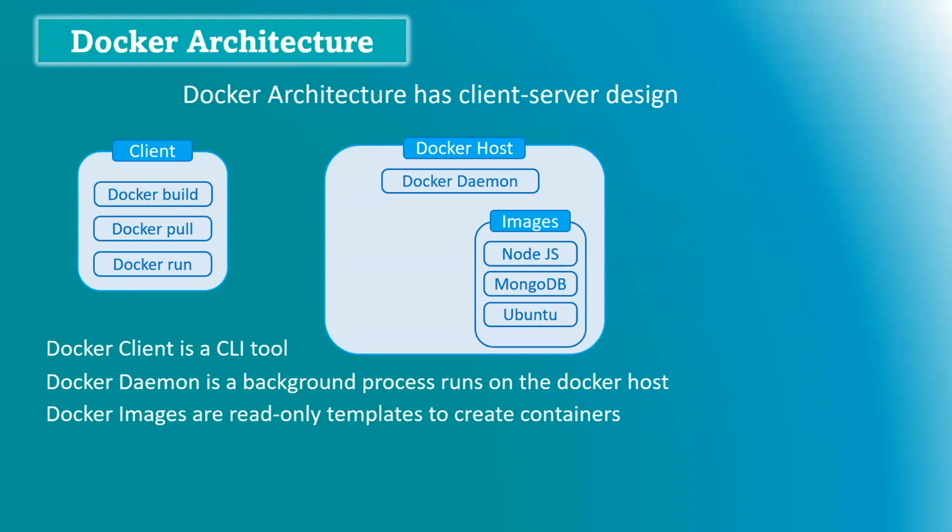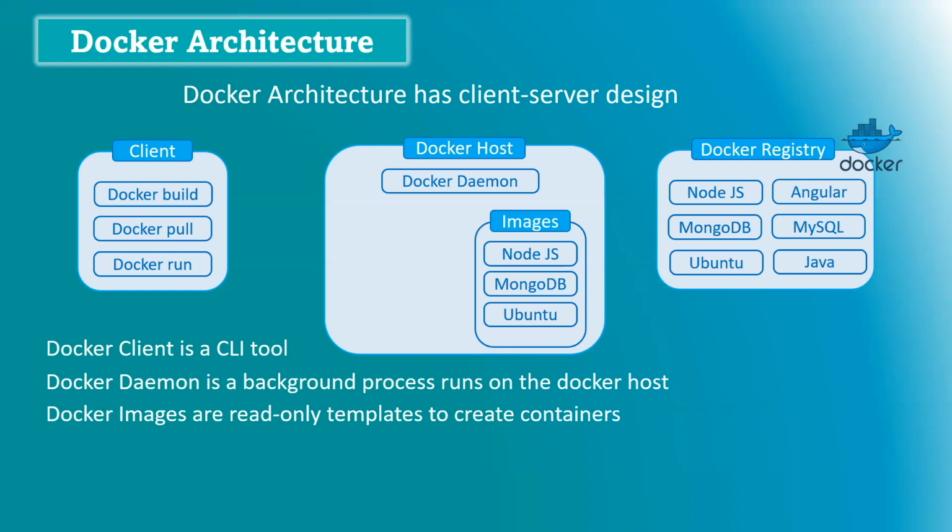Another essential element on the Docker host is local images. Docker stores a copy of the Docker image on the server for future use. Docker images are read-only templates containing instructions to create Docker containers. The third block in the Docker architecture is the Docker registry.